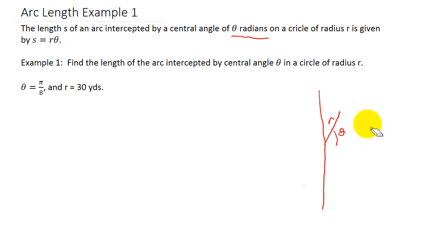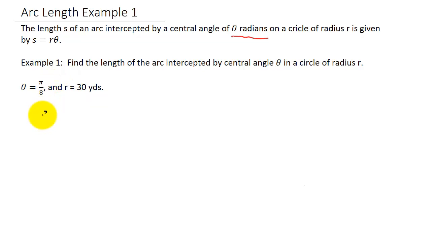Okay, so let's look at our example that we have. It says find the length of the arc intercepted by central angle theta in a circle of radius r. Theta is pi over 8 radians and the radius is 30 yards.